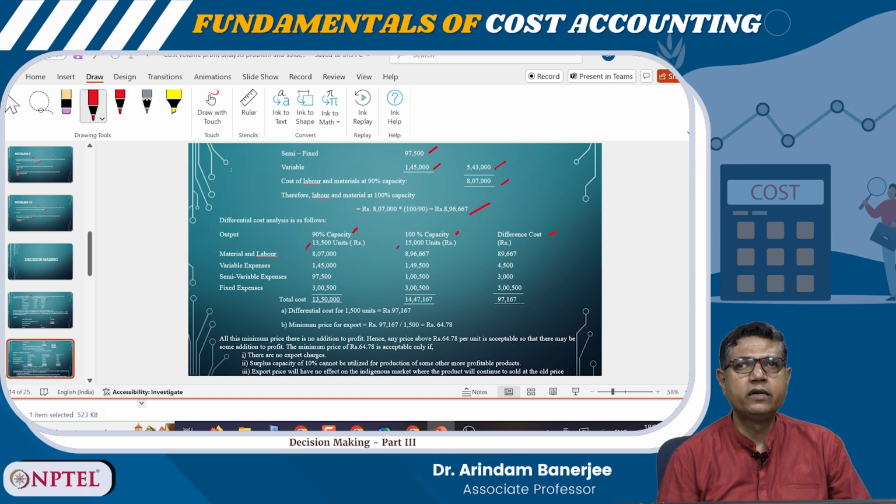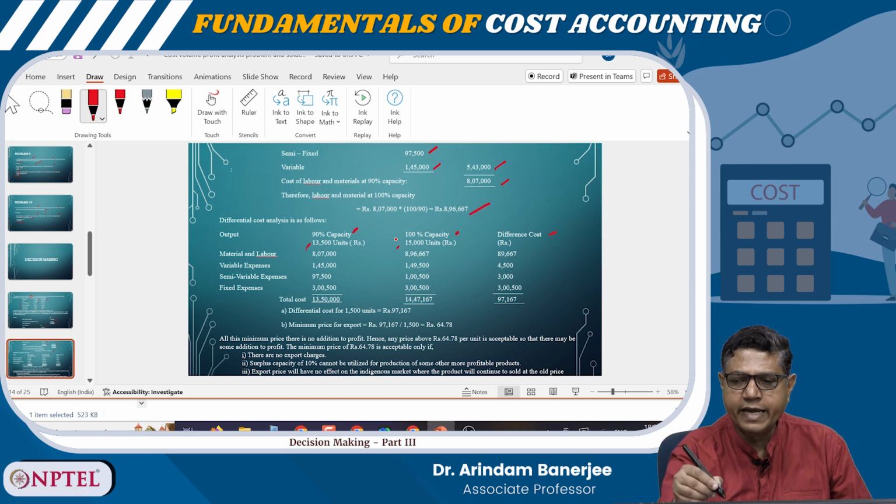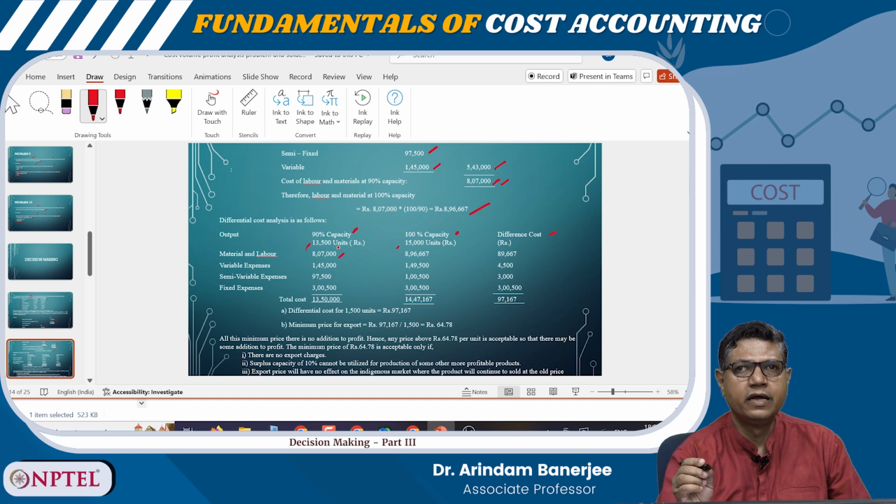Material cost and labor we can take from here. At 90% it is 8,07,000. At 100% we calculated it as 8,96,667. So, the difference between the two is 89,667.